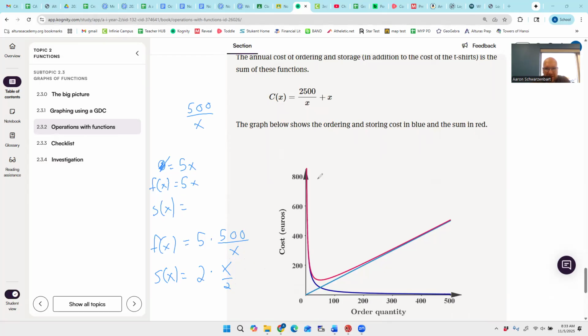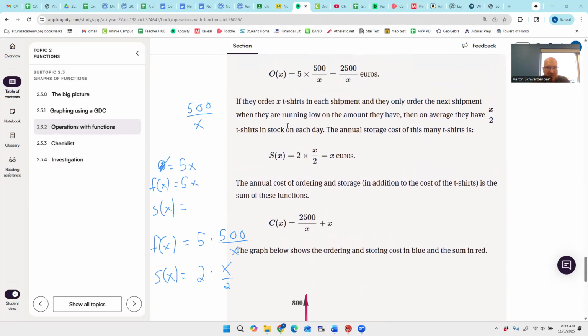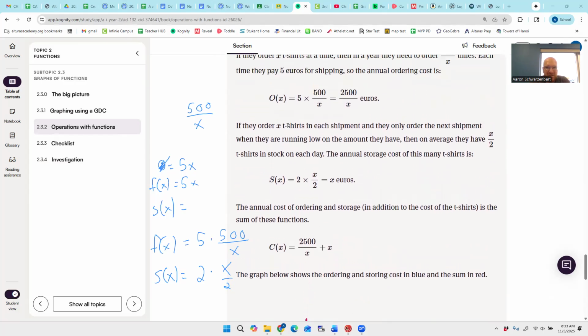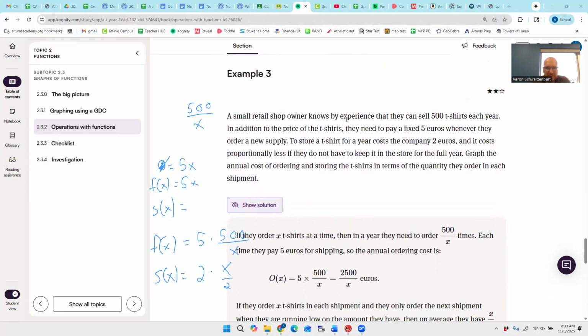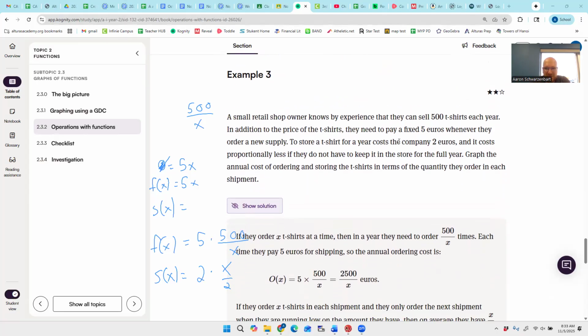I don't know why only half? Because we're gonna sell 500, and we were only storing one order at a time. So this is: store a t-shirt for a year costs the company €2, and it costs proportionally less if they do not have to keep it in the store the full year.